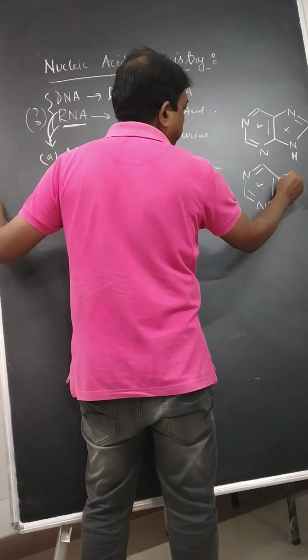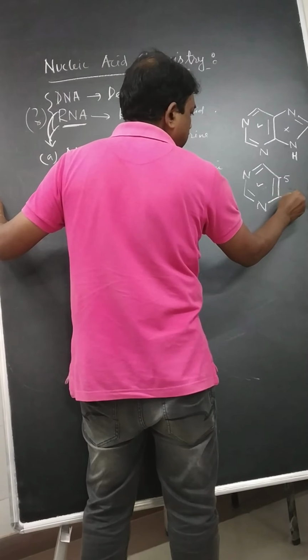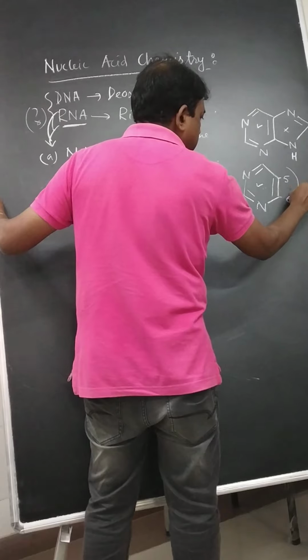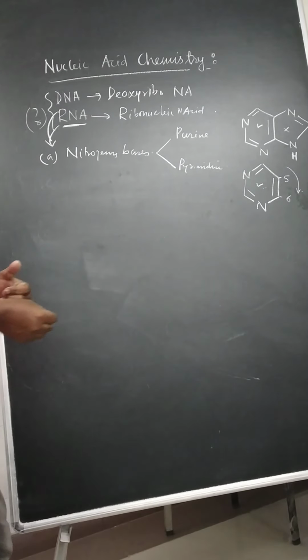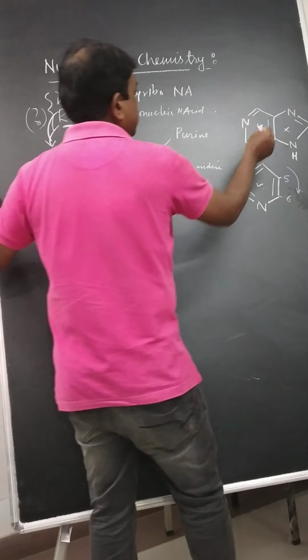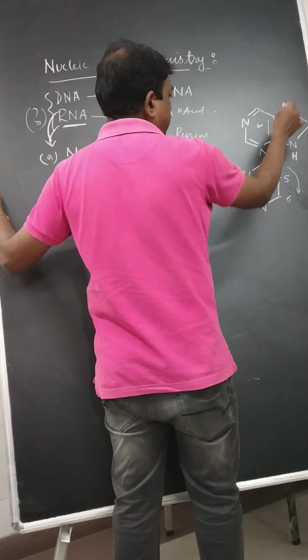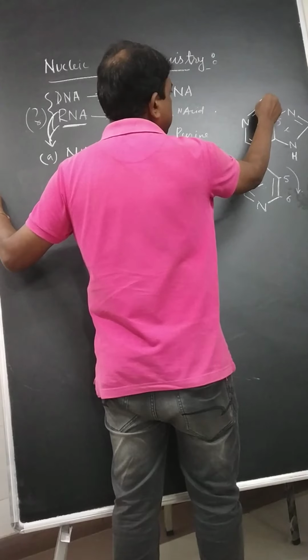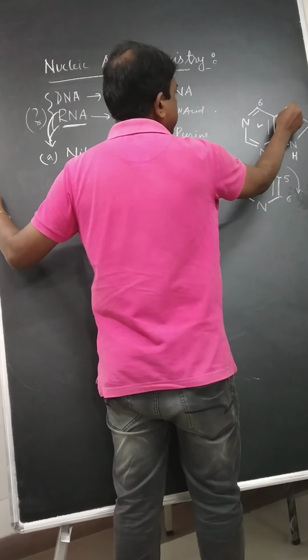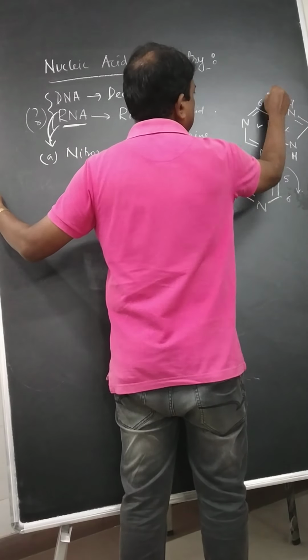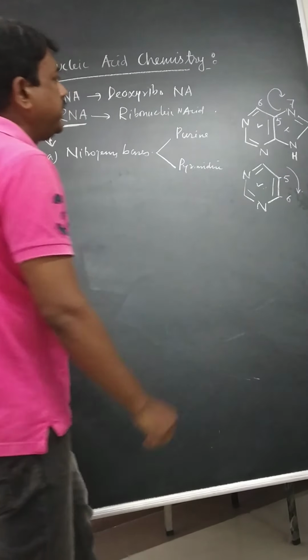When you are considering the pyrimidine, just remember these two positions, 5 and 6. And in the purine, you just remember the identical position 5, 6 and 7. Just remember these three positions.